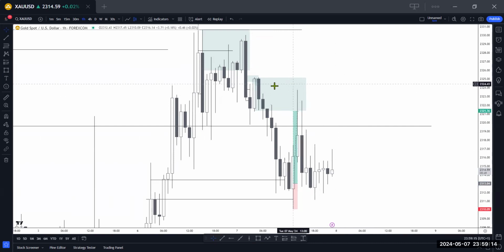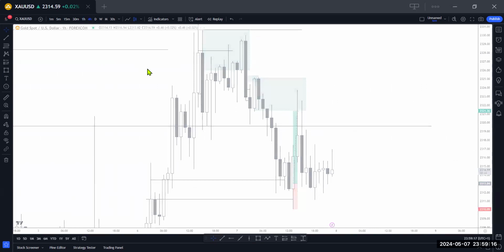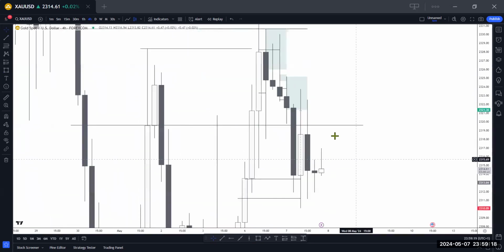So on this level, price comes and taps. Let's see the H4 again. So remember what I said, always check the H4 chart, guys. Never trade this way without looking at the H4 after every 4 hours. When a new H4 candle forms, check the H4, mark those new SNR levels.